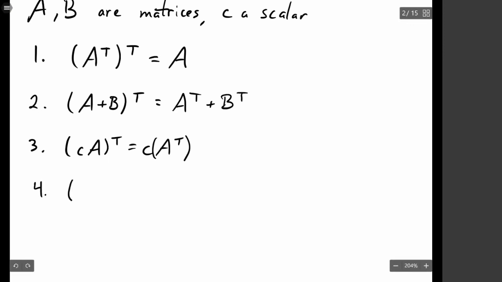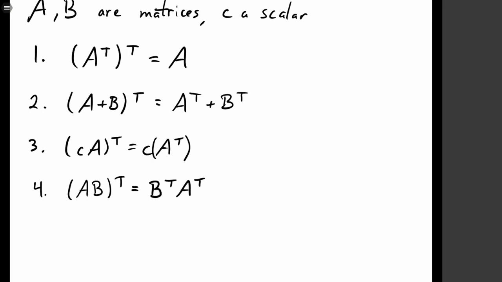And lastly, this is the most interesting one. What do you think happens if we multiply 2 matrices together and then transpose? This one has the most interesting of these 4 properties, I think, which is that it actually switches the order of the transposes, or it switches the order of the matrices.